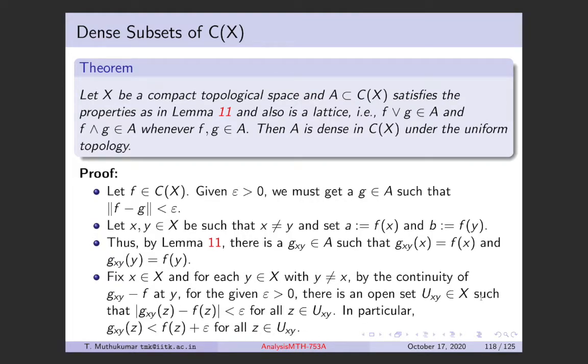Here I'm just rewriting whatever I have written: in particular, g_xy(z) is less than f(z) plus epsilon. This is one part of this thing. This happens for all z in U_xy.